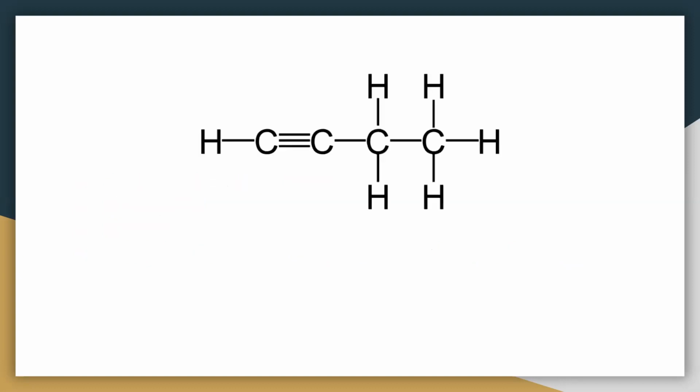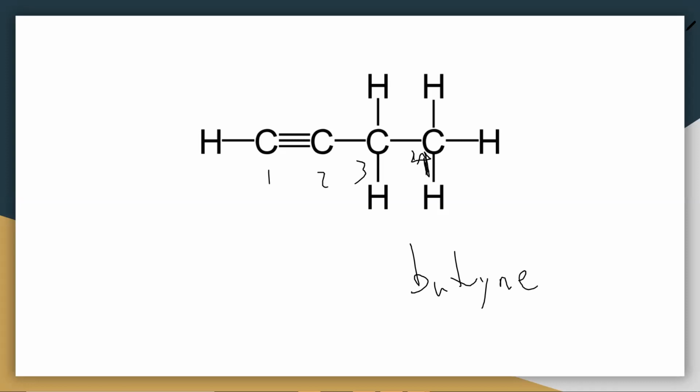Okay? So here's one. We have 1, 2, 3, 4 carbons in a row, which makes this butane. But there's a triple bond, which makes it butyne.